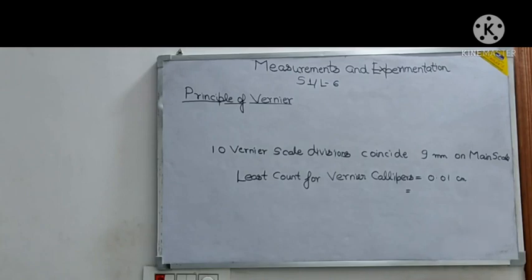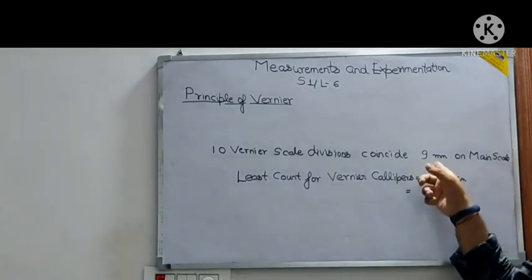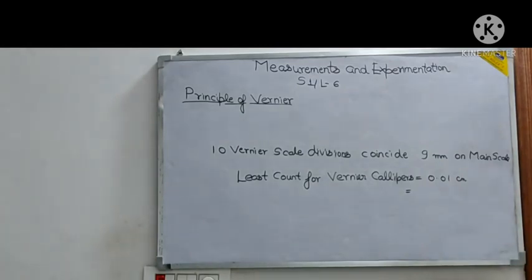Now see, these divisions are 9 mm. Now 9 mm on the main scale is basically 9 divisions.